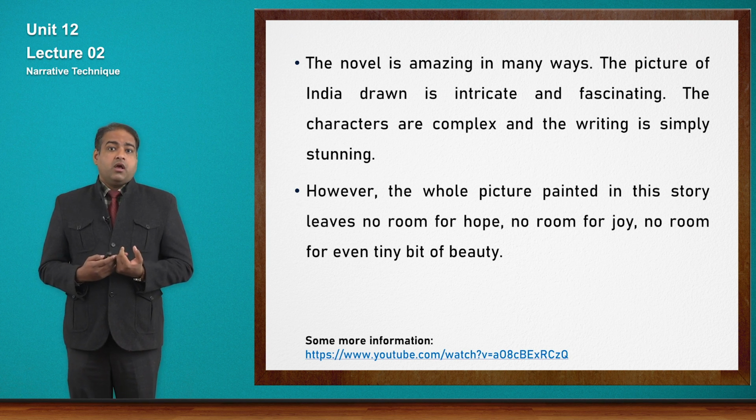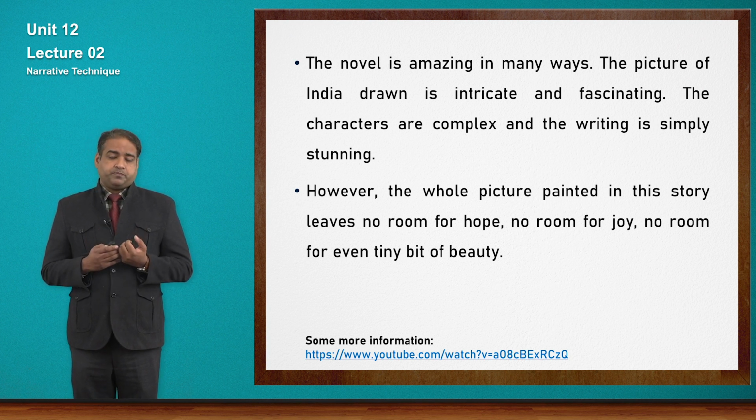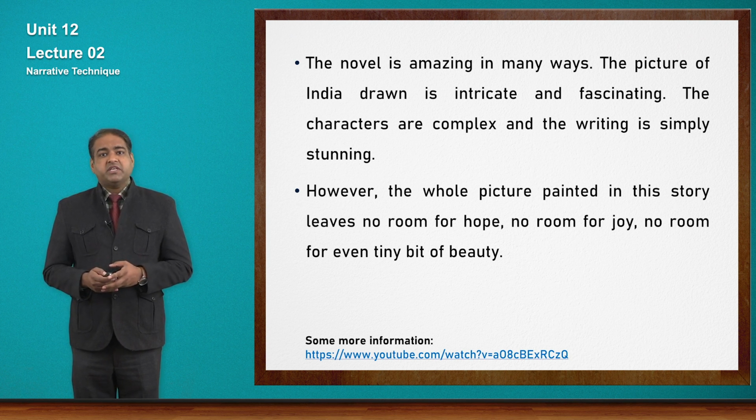So friends, this is something which is contrastive to the narration done in the beginning of the story. When Kiran Desai narrates the scene of Kalimpong, we find that this place must be very, let's say, beautiful, very charming, very peaceful.